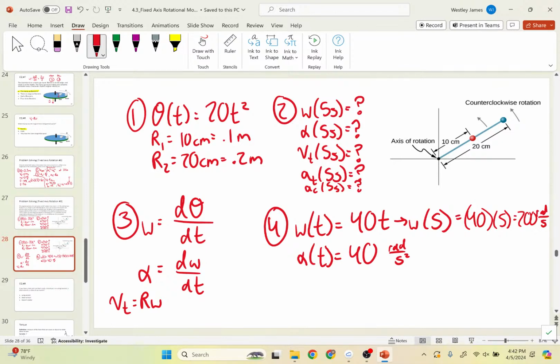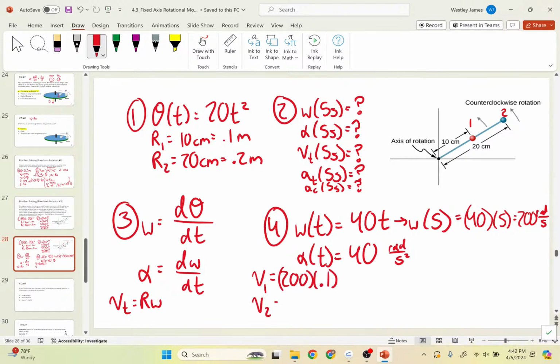So, important distinctions to make. And rotational stuff, y'all, is very, very important. Lots of things spin. So, if you want the velocity of, let's just call this guy 1 and this guy 2, the one that's closer, that's going to be the angular velocity, which will be 200 times the radius, which is just going to be 0.1.